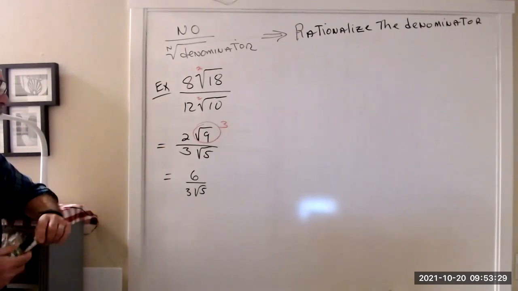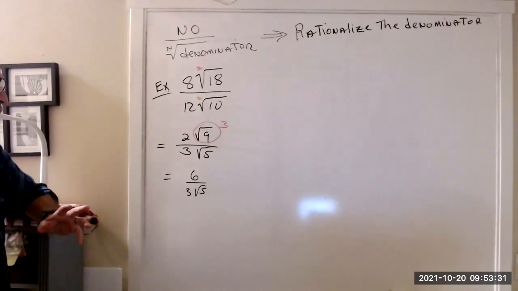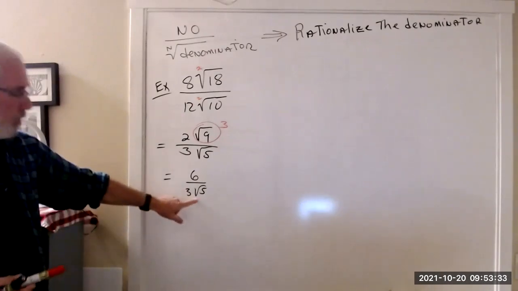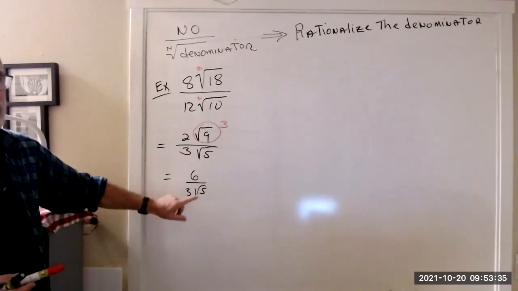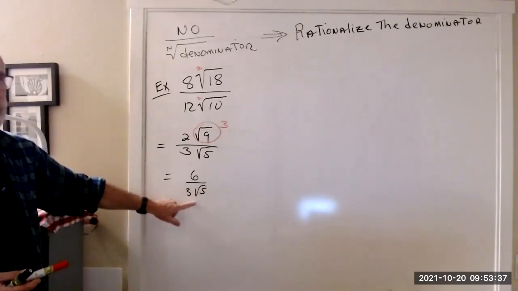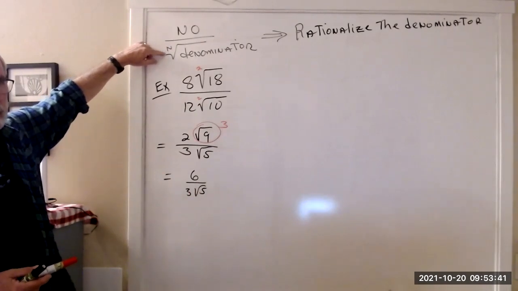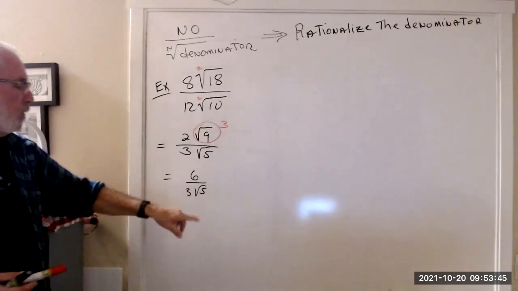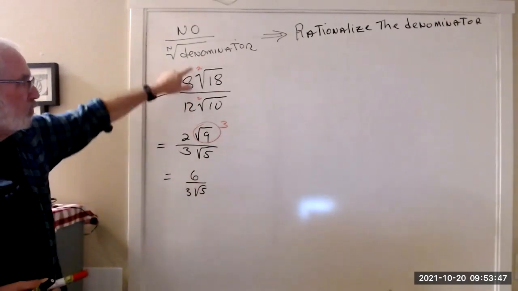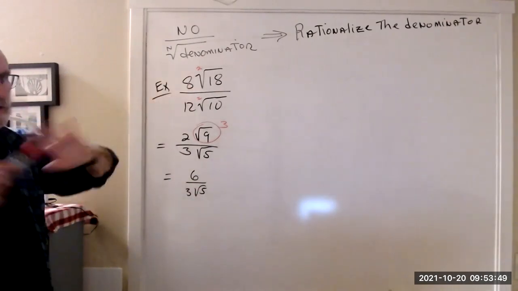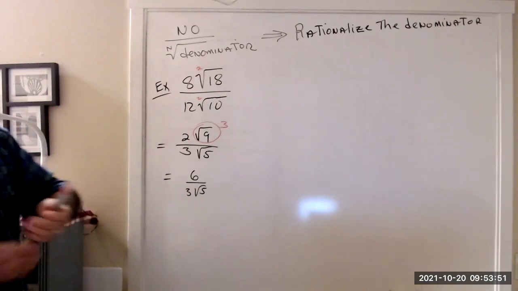Okay, then what we look at here, we go, okay, I've done everything right, but I'm in violation of the rule that says I can't have a radical in the denominator. I'm in violation of that rule. When it was a square root, there's a lazy way to do it, and it's fine.